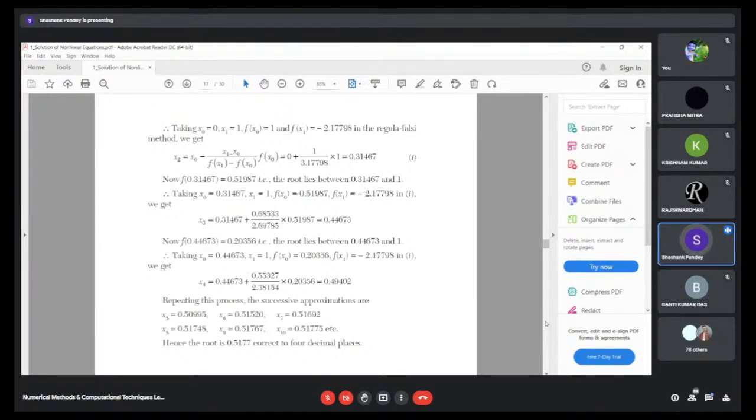In a similar manner, if you proceed, you will get x10 equal to 0.51775. In exams you won't be asked to go up to 10 iterations; you simply have to calculate up to say 3 or 4. So let us see who can give the value.